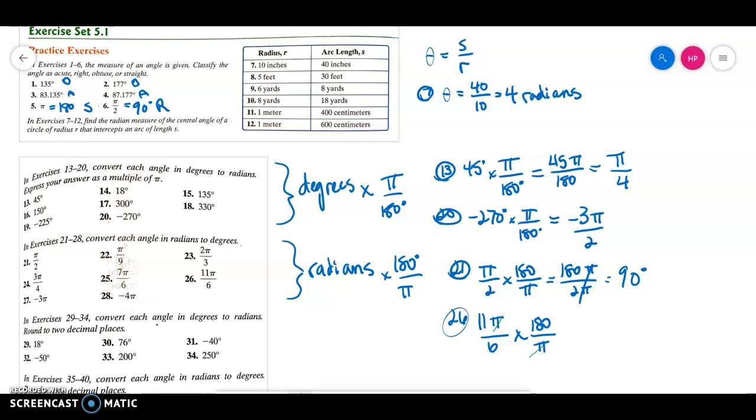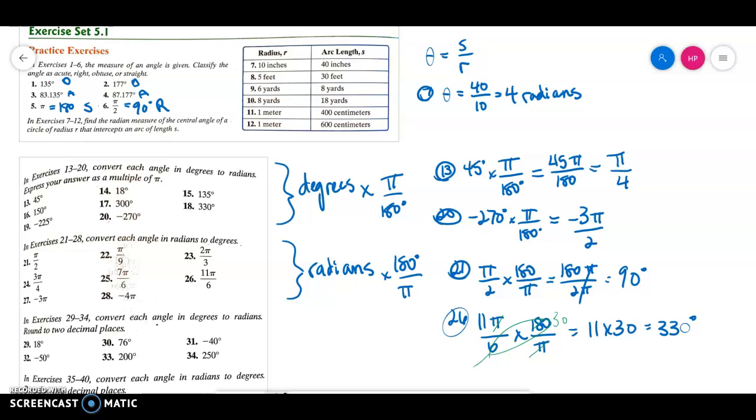And then 11 times 180, I could do, for me, a big number, and I would use a calculator to do it. Or if I recognize that these are designed to simplify, 180 is divisible by 6, because 18 divided by 6 is 3. And so 180 divided by 6 is going to be 30. So then really I'm just left with 11 times 30, which is 330 degrees.